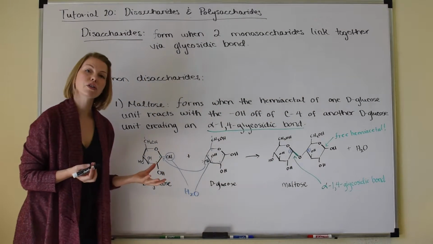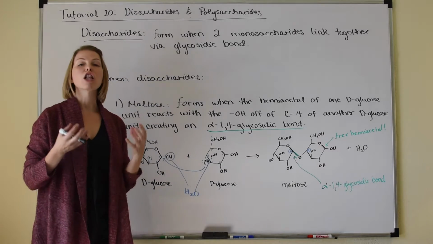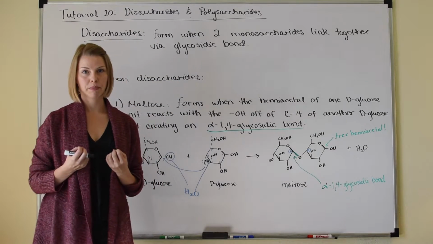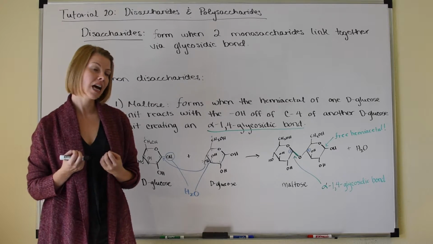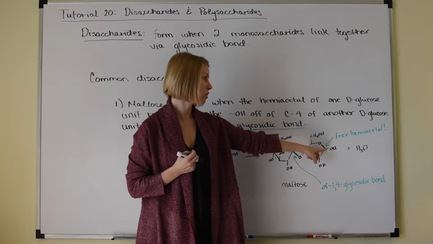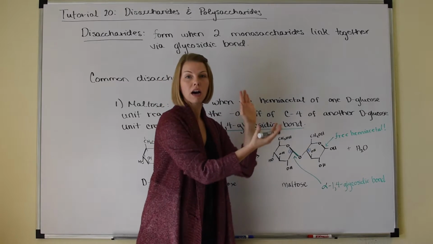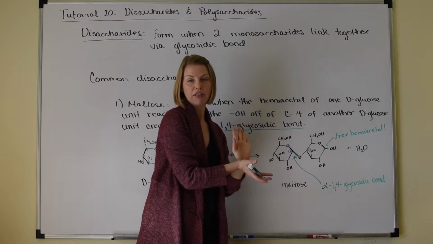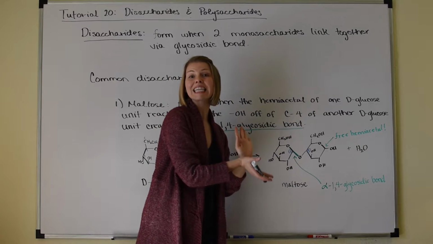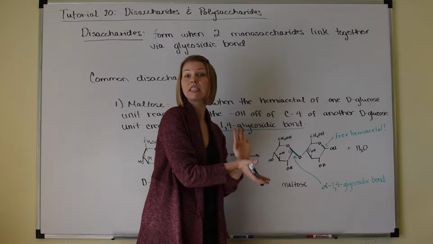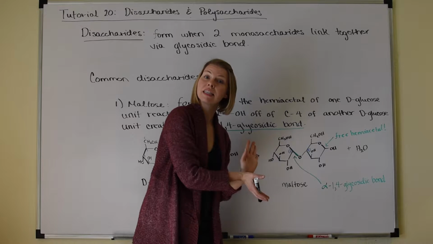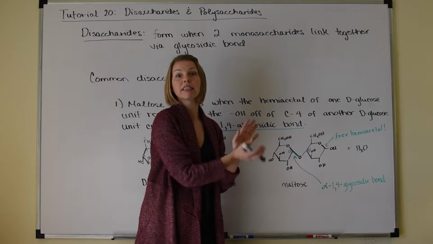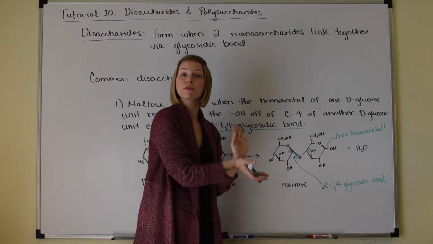This means that maltose is what we call a reducing sugar. It actually does contain a free hemiacetal which can undergo the mutarotation and therefore form the acyclic form of the D-glucose unit, which has a free aldehyde and an alcohol. Instead of those being tied up in the hemiacetal, it has a free aldehyde.